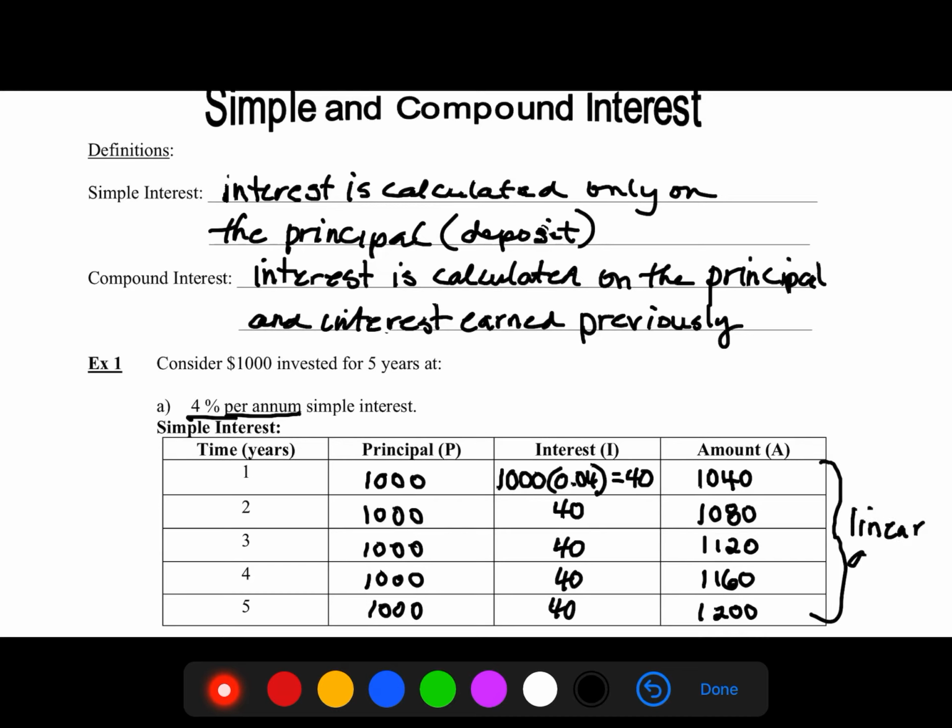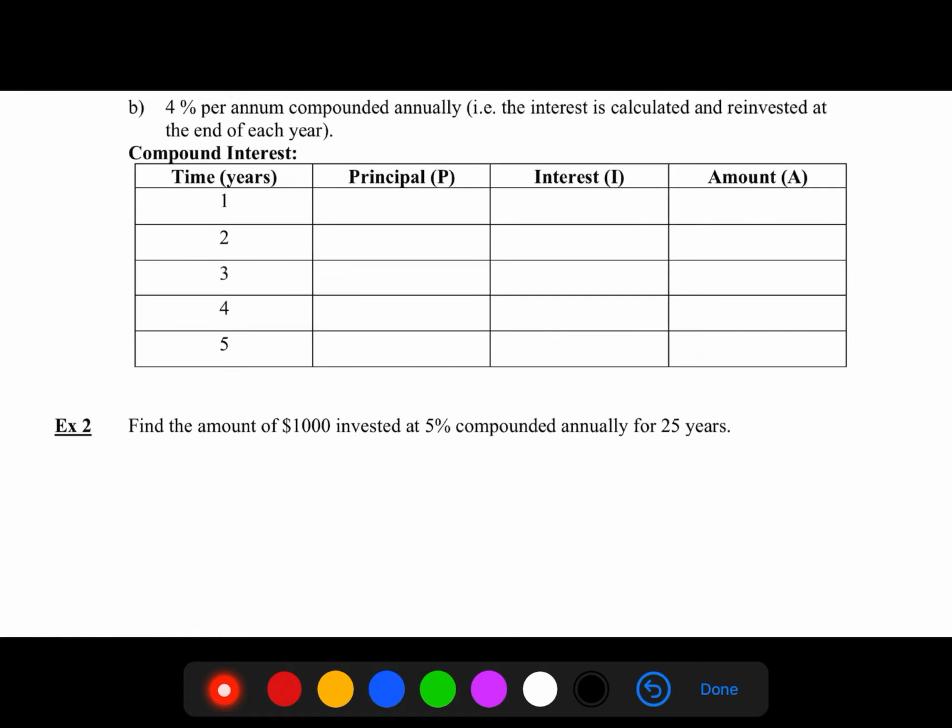So at the end of 5 years, we would have $1,200 in that investment. Now, notice that this is linear growth. We have the same amount going into the account every single time. Now let's take a look at how that changes with compound interest.